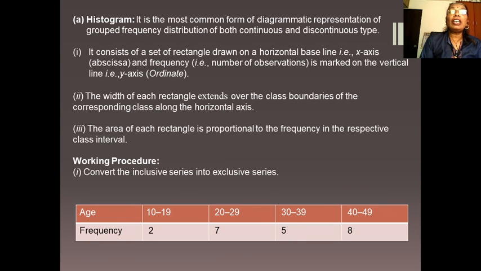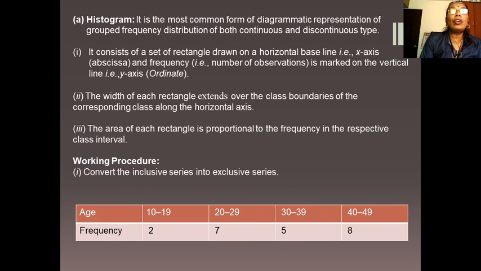The width of each rectangle extends over the class boundaries of the corresponding class along the horizontal axis. The area of each rectangle is proportional to the frequency in the respective class interval.